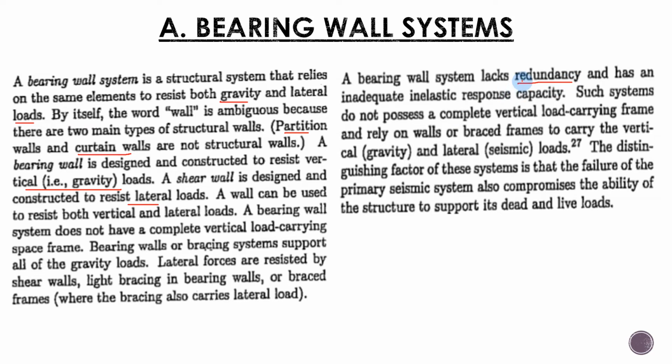Such systems do not possess a complete vertical load carrying frame and rely on walls or braced frames to carry the vertical and lateral loads, specifically the seismic. The distinguishing factor of this system is that the failure of the primary seismic load resisting system also compromises the ability of the structure to support its dead load and live loads.